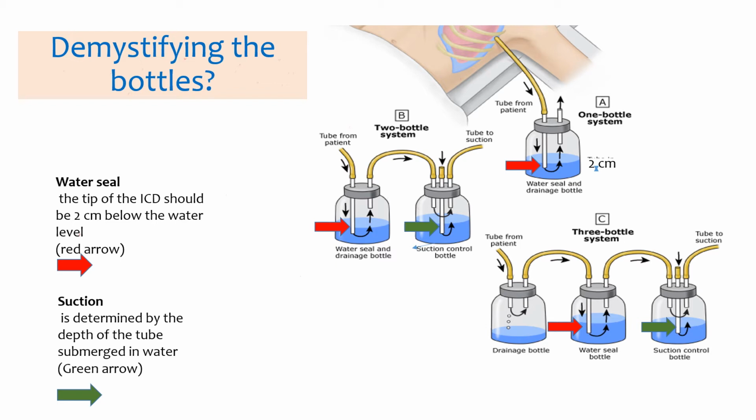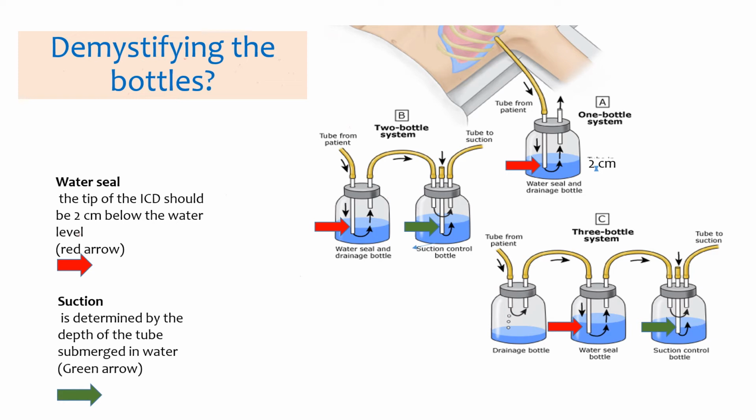Now, demystifying the bottle. So you have put the chest tube, as you can see here, and we have three different cartoons, A, B, and C. This is often quite mystifying to everybody, especially our young trainees, as to what exactly is going on here. So figure A is actually a one bottle system, and you can see with the red arrow, it shows the depth of the draining tube, which is below the water level.